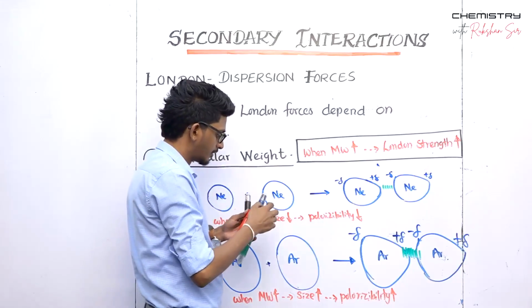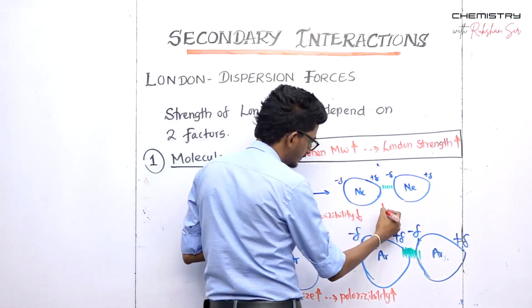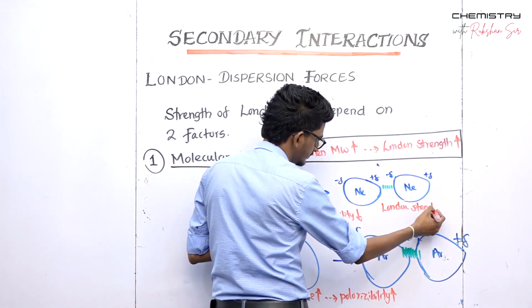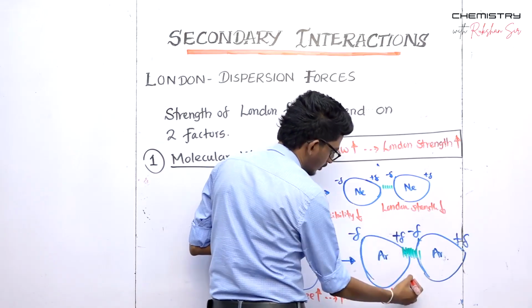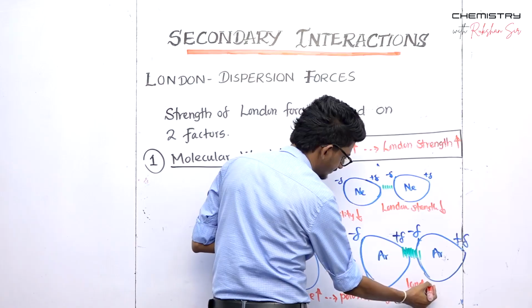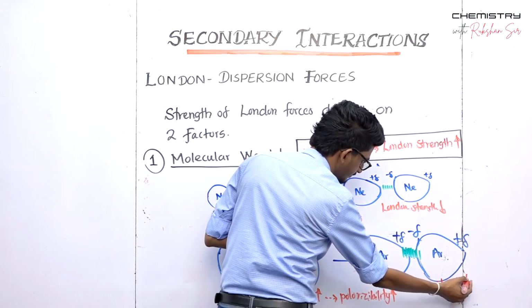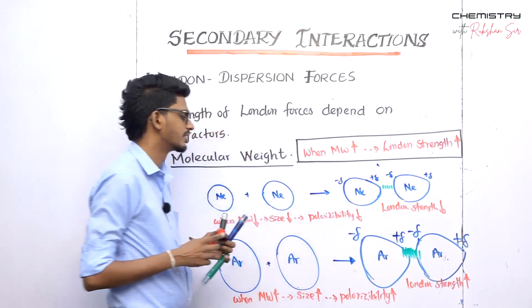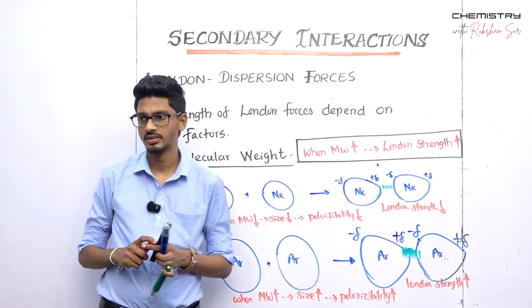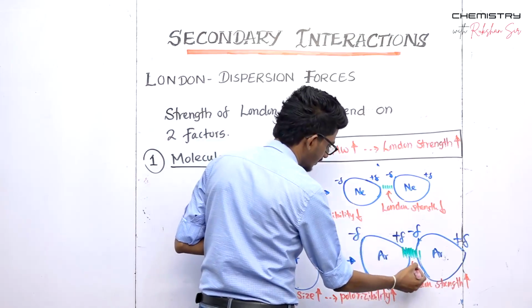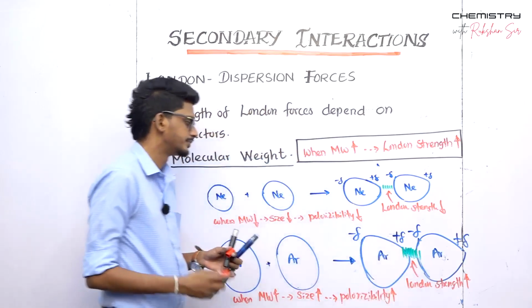So the London force strength here is low compared to the London force strength here. See, this kind of example. Compared to this, this London force is stronger.